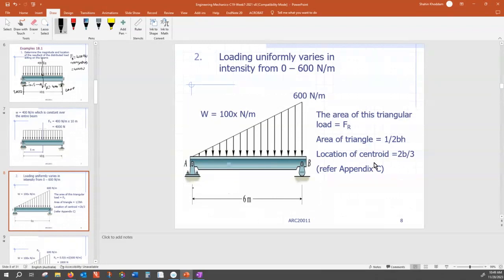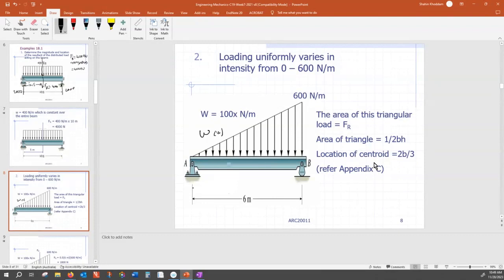The resultant load is the area of the triangle. I can find the equation of W of x and do the integration. That is a mathematical practice we do for more sophisticated problems. With a simple problem like a triangle, you don't need to do the integration, you know how to calculate the area of a triangle.